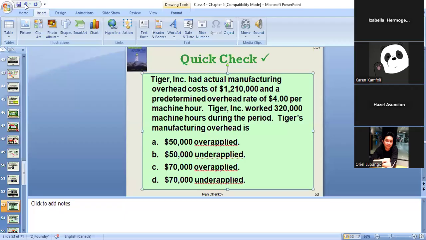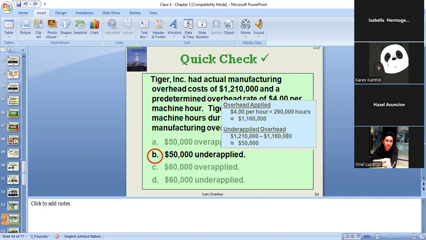Okay, let's go back to slides. On the original slides, not on this one, the original slides, with the 290. Let's go back to the original. With the 290, we under applied by $50,000.